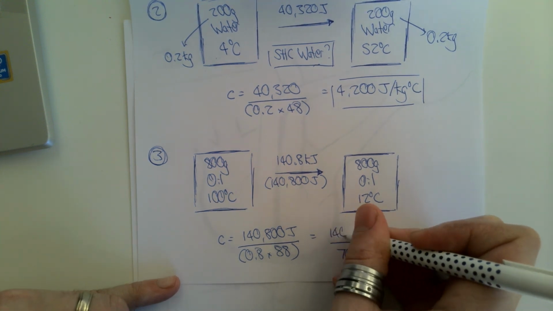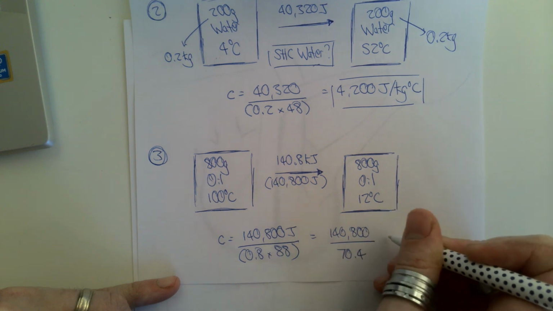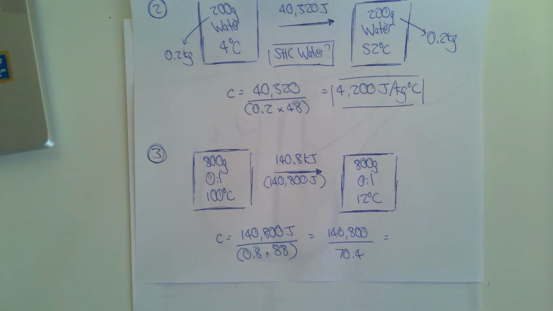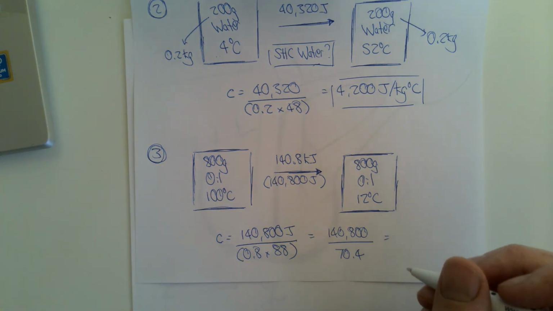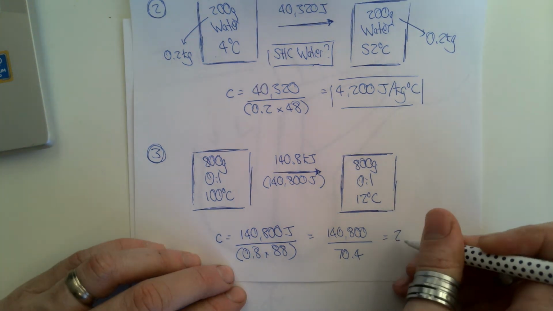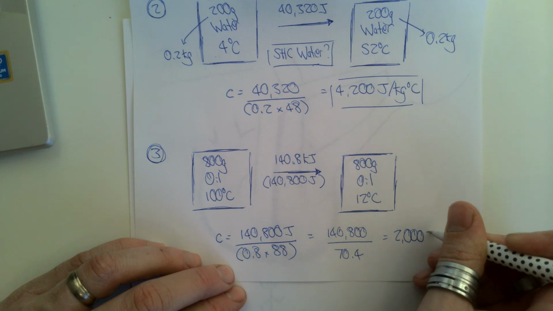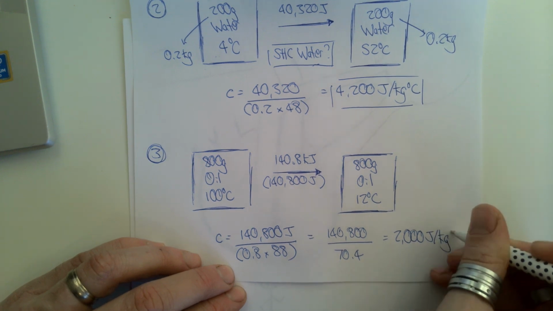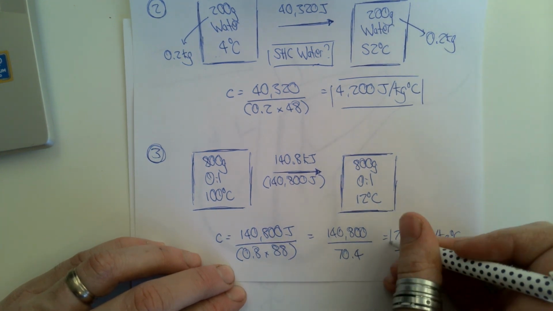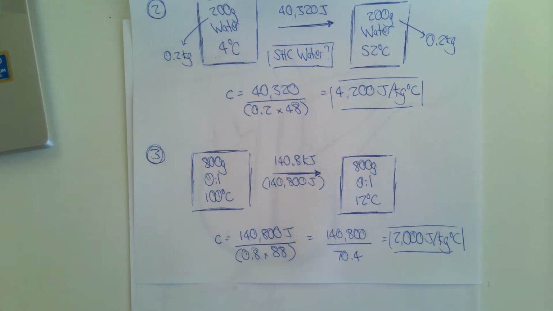So 140,800 divided by 70.4 gives us 2,000 joules per kilogram degrees Celsius, which is our specific heat capacity of oil in this question.